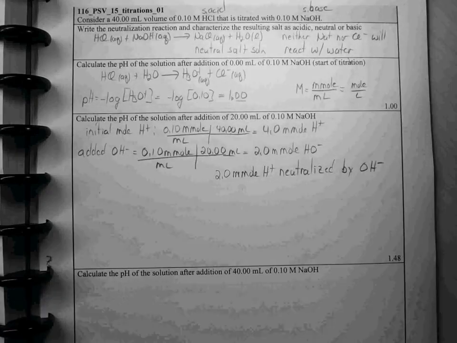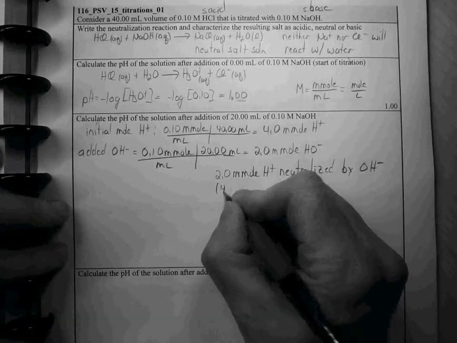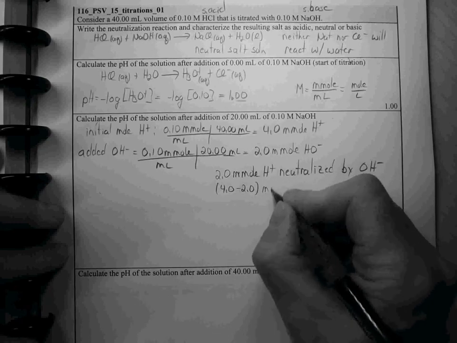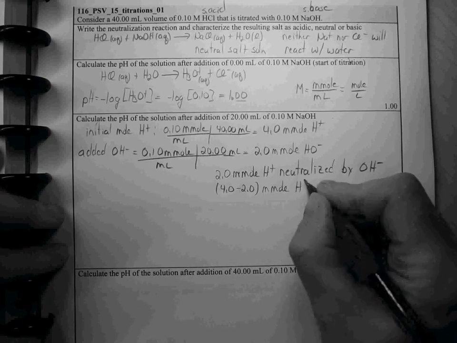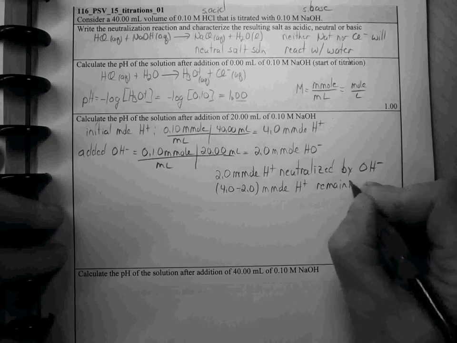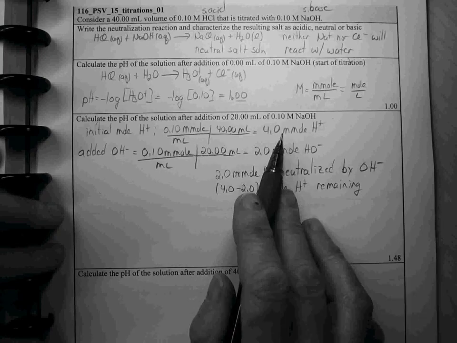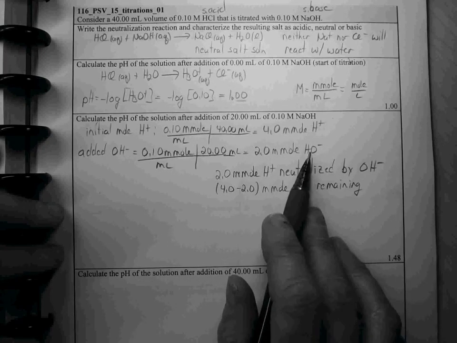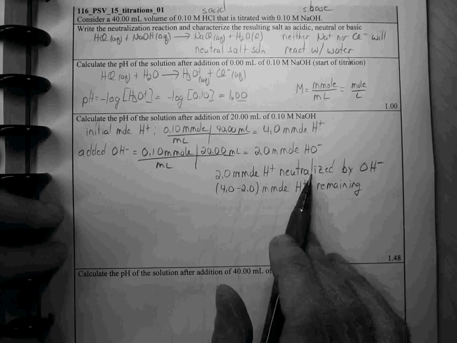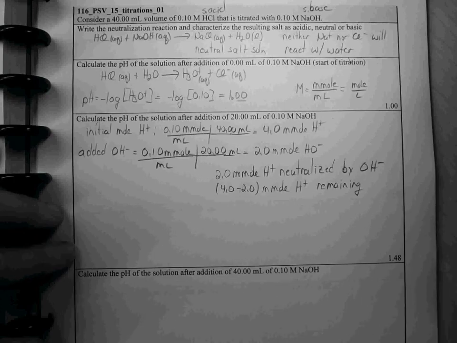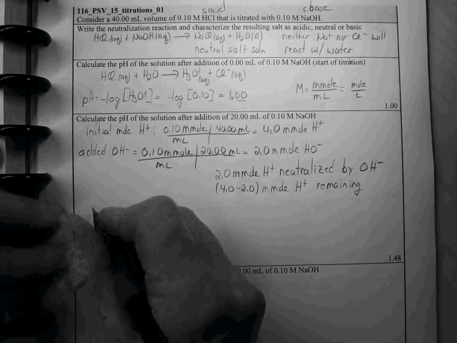Therefore, I'll show you the math, we have 4 minus 2 millimoles of H plus remaining. Again, we started with 4 millimoles of H plus. We've added 2 millimoles of hydroxide, which has neutralized 2 out of the 4 millimoles of H plus.